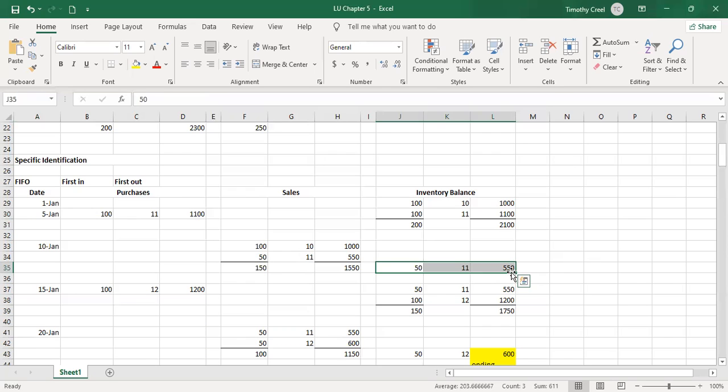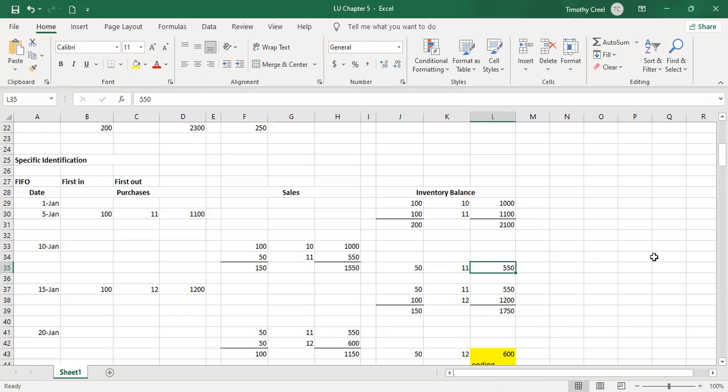Now, one other thing I want to help you with, and you can really apply this to any of the methods that we're looking at, is notice that the available inventory before the sale is either sold, you see 1,550 of it was sold, or still in ending inventory. You see 550 here still in ending inventory.